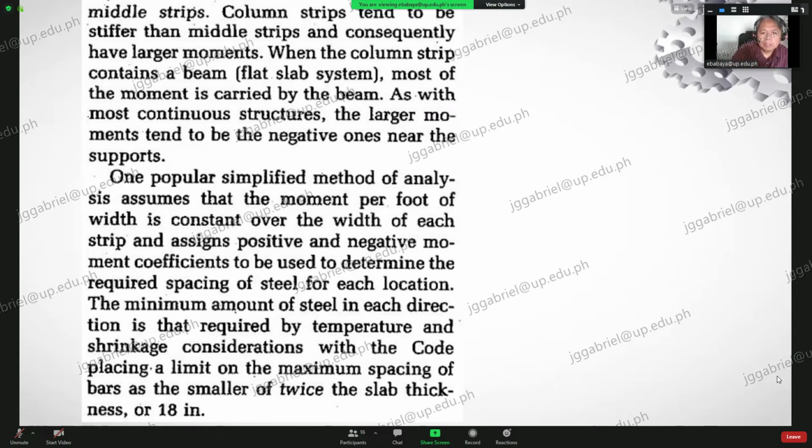One popular simplified method of analysis assumes that the moment per foot of width is constant over the width of each strip and assigns positive and negative moment coefficients to be used to determine the required spacing of steel for each location. Okay.